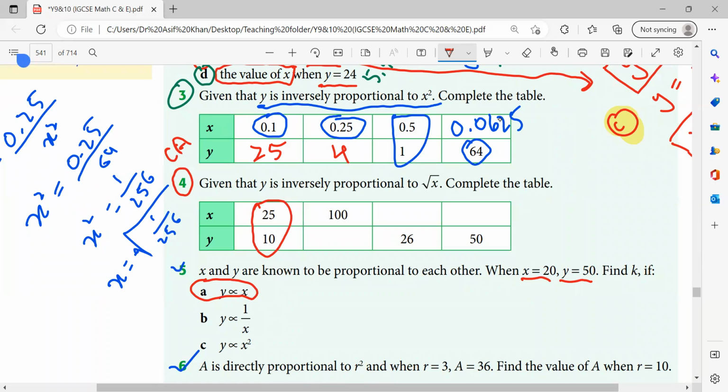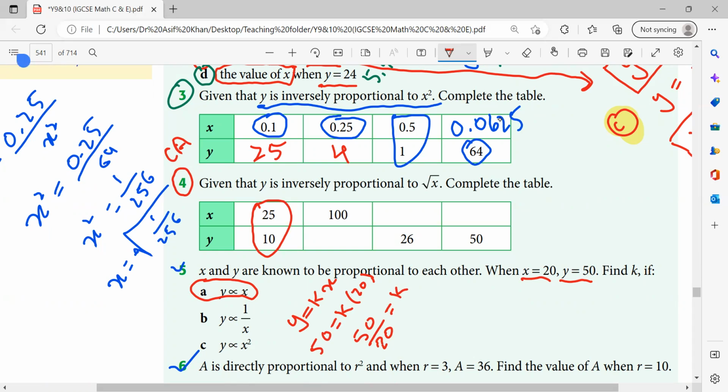It will become y is equal to kx because it is direct proportion. Now in place of x, you will write 20. In place of y, you will write 50. So it is 50 is equal to k times 20. 20 is multiplying. On the other side, it is divided. 50 divided by 20 is equal to k.